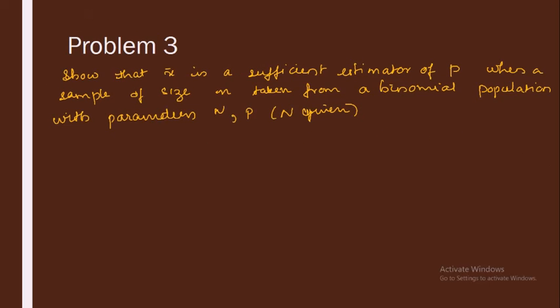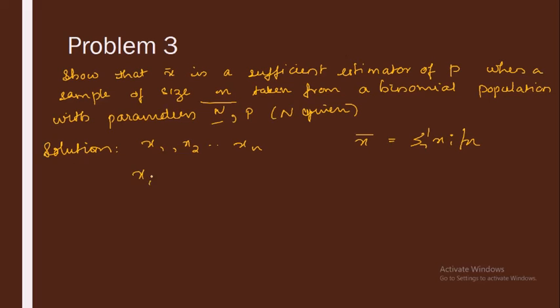Okay, next question: you have to show that x bar is a sufficient estimator of p when a sample of size n is taken from a binomial population with parameters capital N and p, where N is given. Now let's see the solution. x1, x2, etc., xn are the given random variables. We know that x bar is equal to summation xi divided by n.